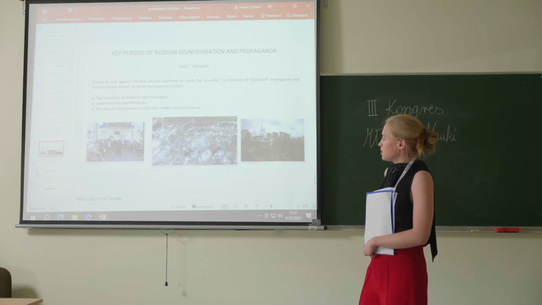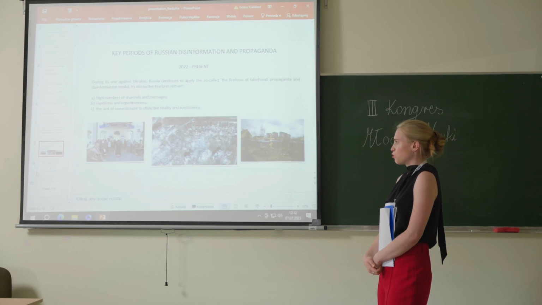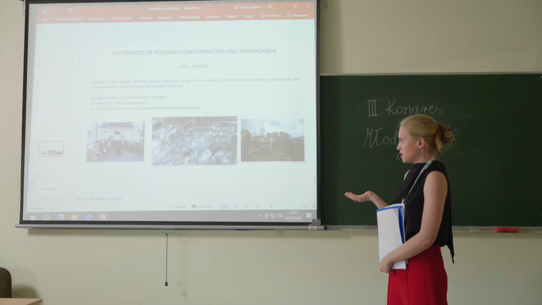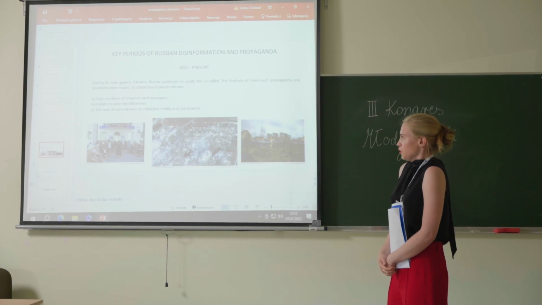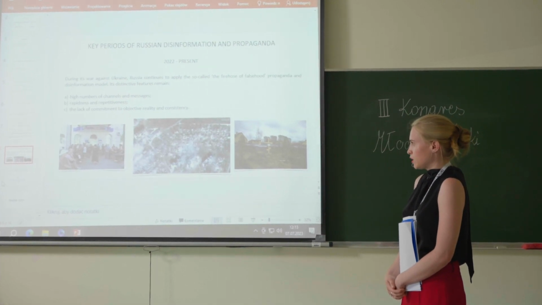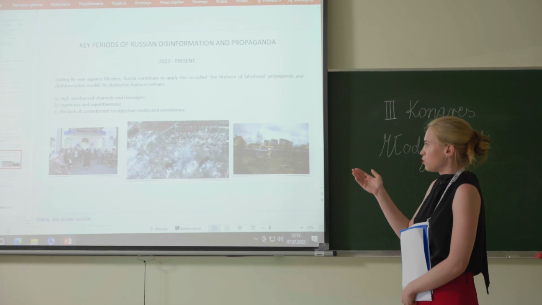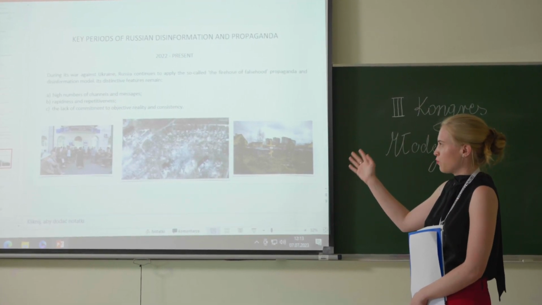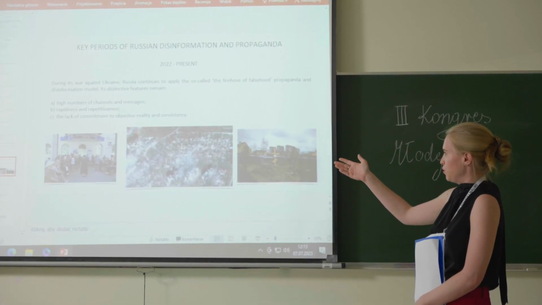The second picture is about bombing Ukrainian cities. As far as we know, Russia always denies that it bombs Ukrainian cities. Here you can check any Russian website which will have the same picture, but saying that these pictures do not depict Ukrainian territories. These are territories of other countries, and these pictures are manipulated by NATO.